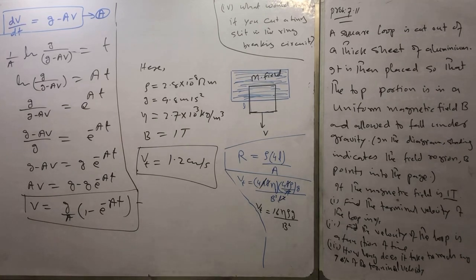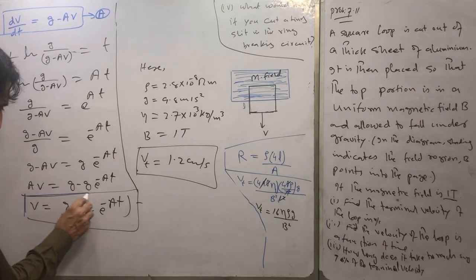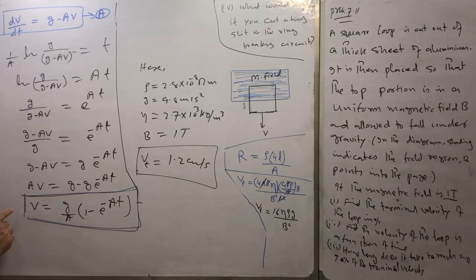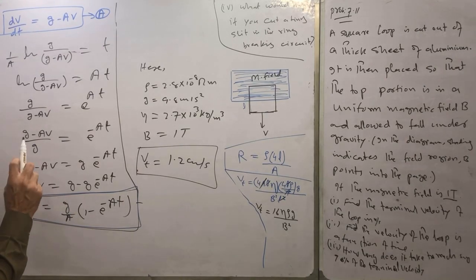Now, the second question, which is v as a function of time. If you look at this equation, v is equal to g divided by a. This g divided by a, we already calculated.